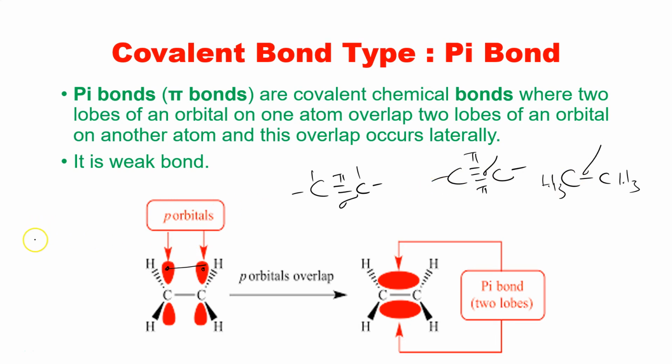Suppose this is an example like C double bond O. Here there are 2 lone pairs of electrons on the oxygen. This is the carbonyl carbon, and it has oxygen in front.